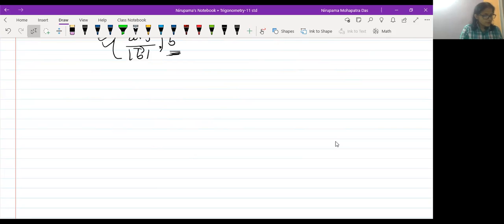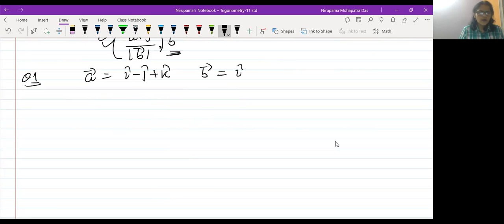If you are very clear on these points, I think the dot product is not a very difficult task. So maybe I will take 2-3 questions. Question number 1: suppose you are given vector A equal to i minus j plus k, and vector B equal to i plus j minus k.